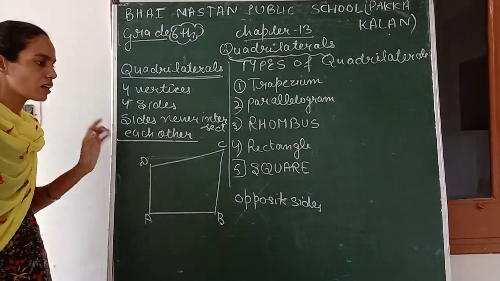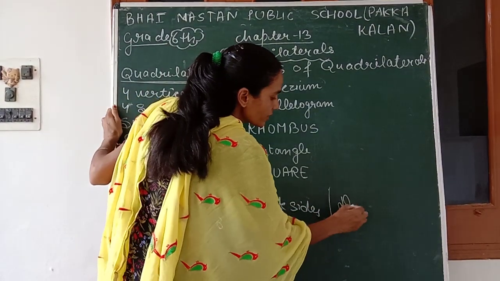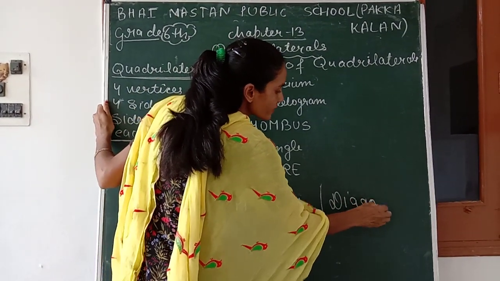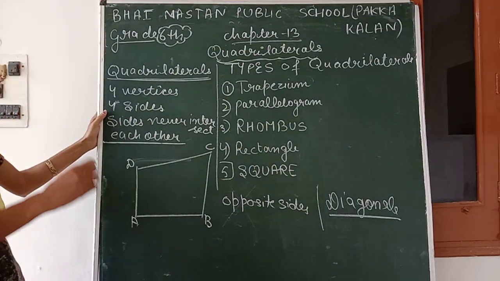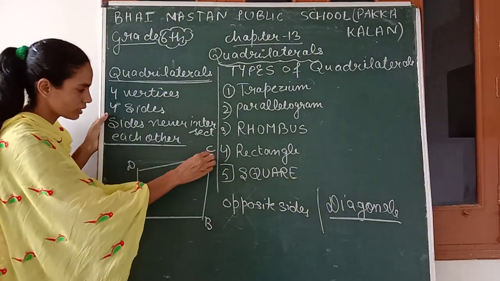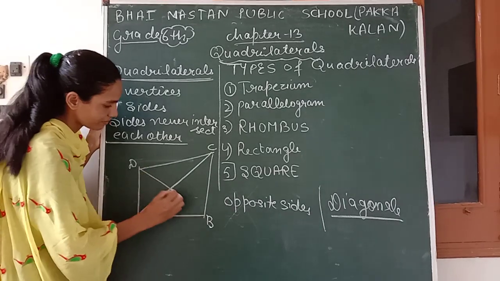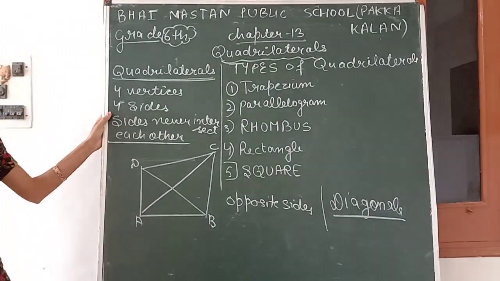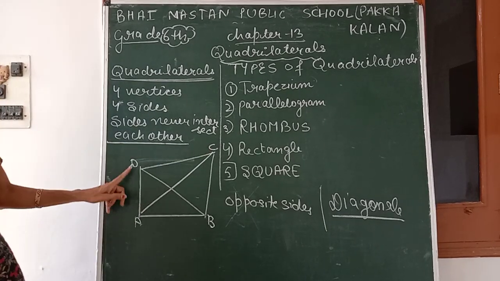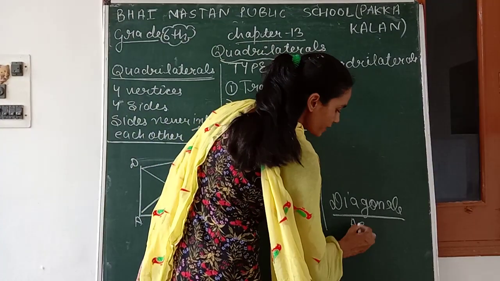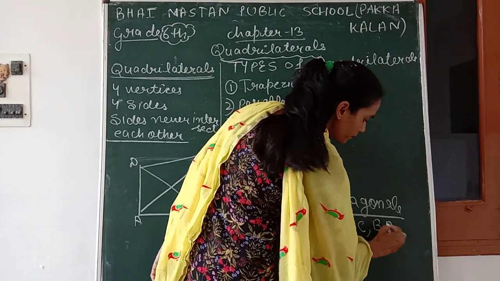And the last one is diagonals. What are diagonals? Diagonals join opposite vertices, like this. These are diagonals. The diagonals are AC and BD.